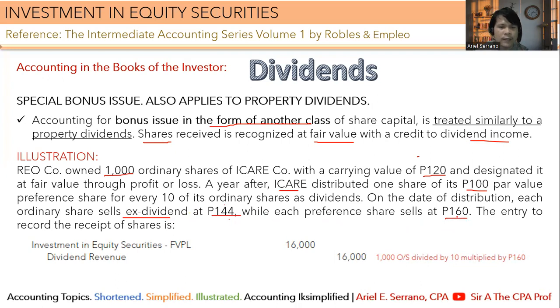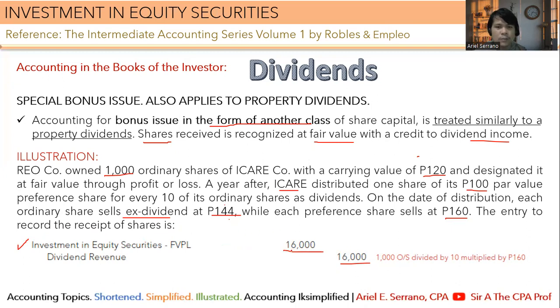So, what is our journal entry? Debit, investment in equity securities measured at fair value through profit or loss for 16,000, and a credit to dividend revenue. So here we have an additional investment, in this case in the form of a preference share.